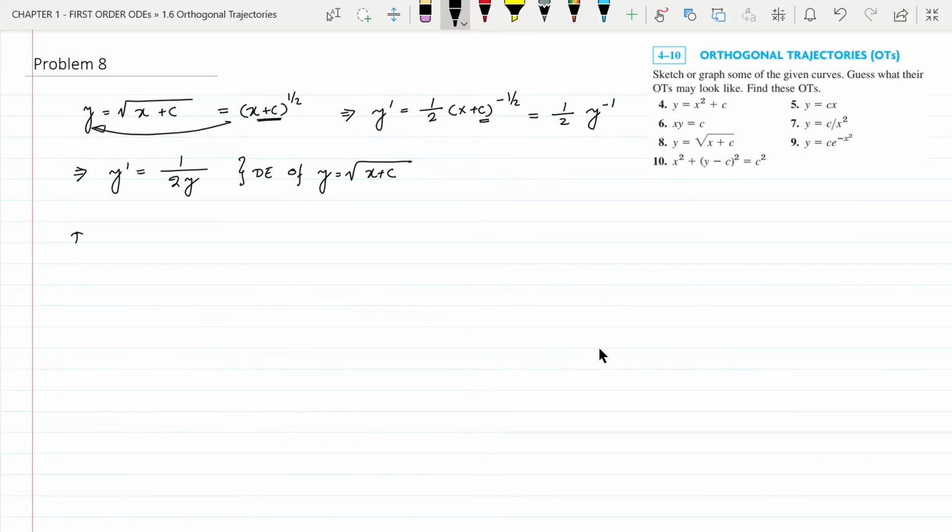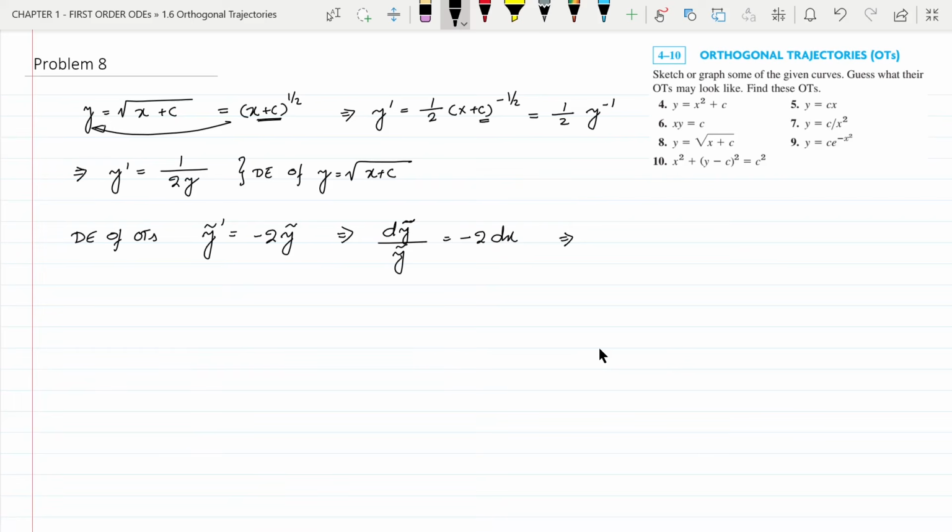So now the differential equation of the OTs will be y tilde dash equal to minus 2 y tilde, which is the inverse of this 1 by 2y with a negative sign attached to it. Now let us solve this differential equation to get the family of orthogonal trajectories. So this will be dy tilde by y tilde equal to minus 2 dx.